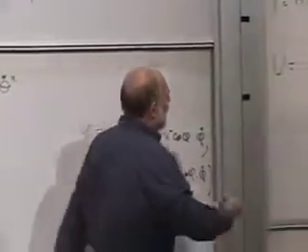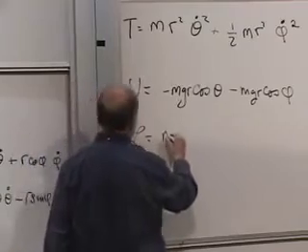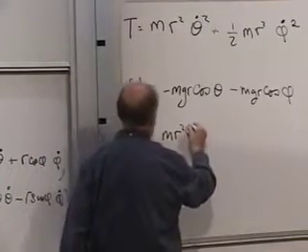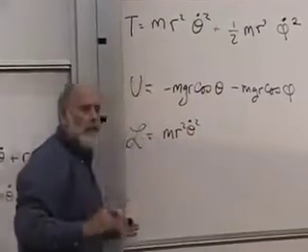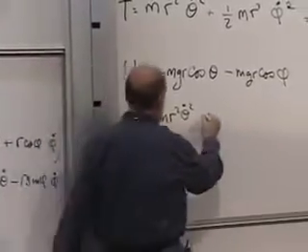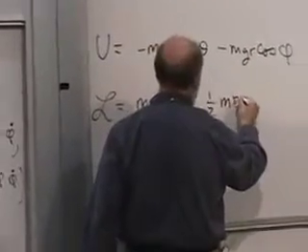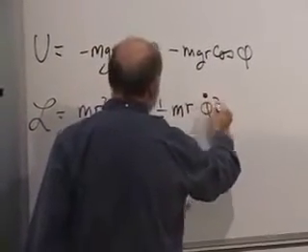Right, so the total Lagrangian, we now have the Lagrangian, and it is m r squared theta dot squared. That's more or less familiar looking, except for the factor of a half, which is usually there. Plus, now we have a truly familiar looking term, m r squared phi dot squared.